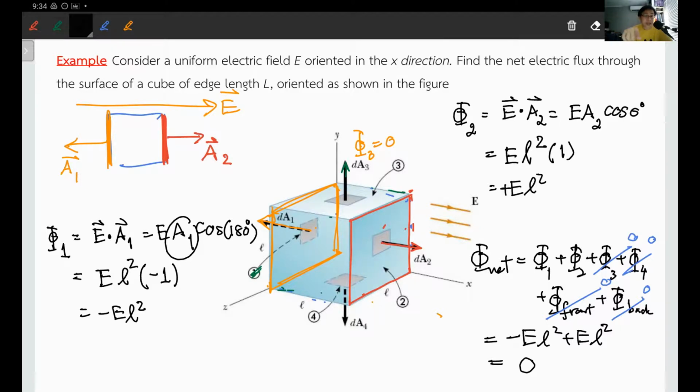However, it gets inside this box through the left surface A sub 1, but then it goes out through the surface A sub 2. Because the electric field is uniform, in is just equal to out. So that's why there's no net flux here. The net flux within this box is 0.